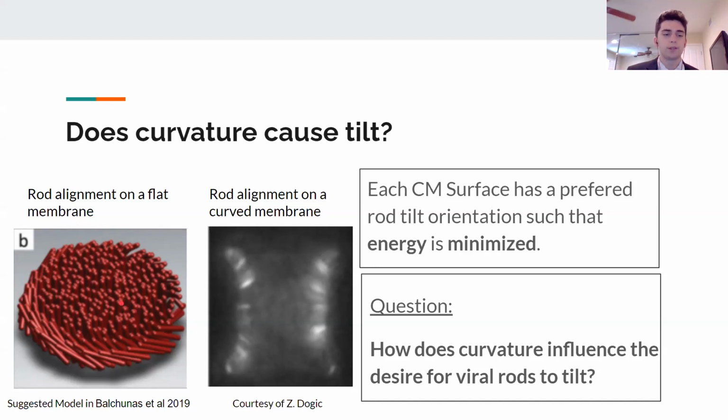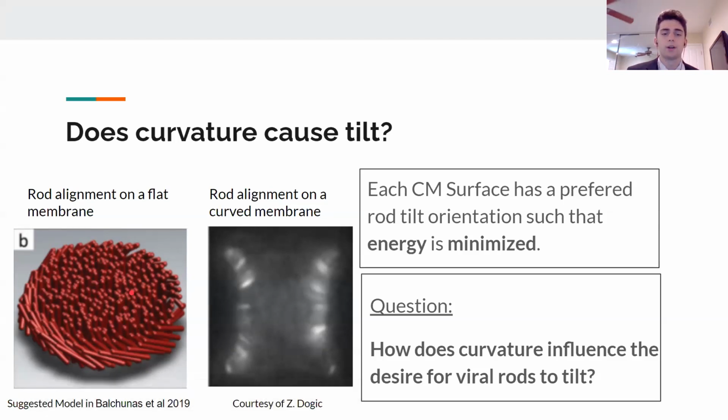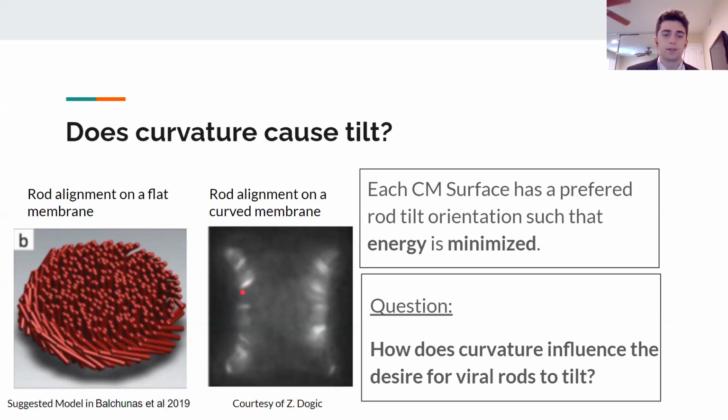For the most part, these rods tend to align to the normal with the exception of the rods on the edges here. But when we examine the rod alignment on a curved membrane, we see that we have curvature on the membrane surface. And these white little dashes here, these are the viral rods, and they are tilting away from the normal of the surface.